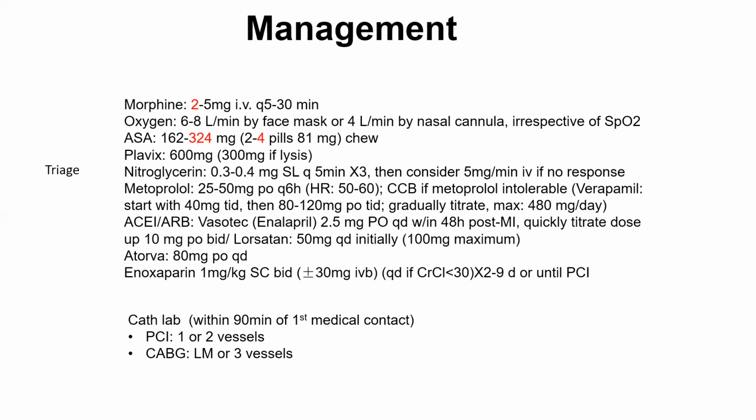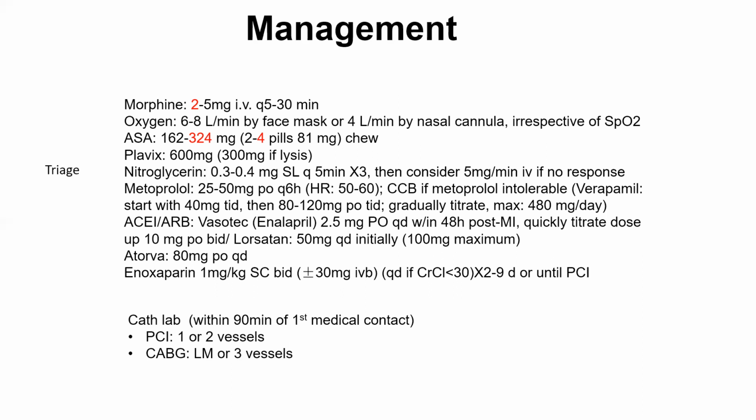But here, I just want to let you know that normally after angiography in the cath lab, if the patient has 1 or 2 vascular lesions, we may consider giving the patient a PCI for the treatment, to implant the stent for the stenosis.